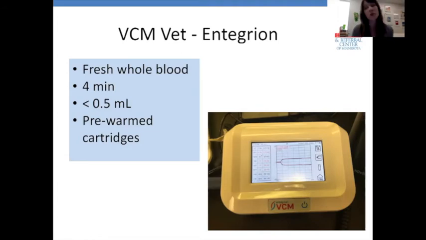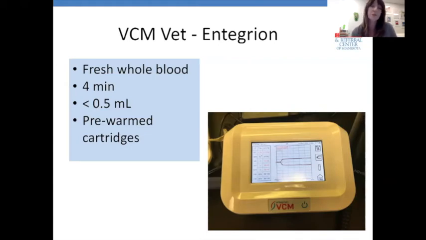It uses fresh whole blood, so it's really easy to use. And you actually have 4 minutes to put the sample in the cartridge, which we'll see in a minute, and then run the test. And actually that holds true for all of these viscoelastic testing methods. You have 4 minutes, so it's kind of flexible, but you do want to have your patient right there in the room with you, obviously, and then run it over the machine.